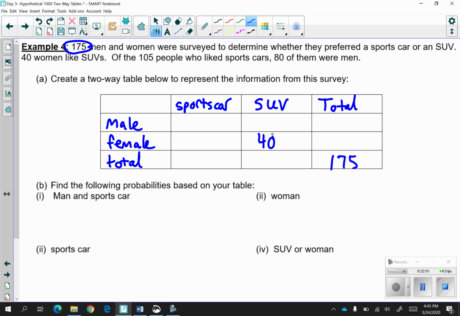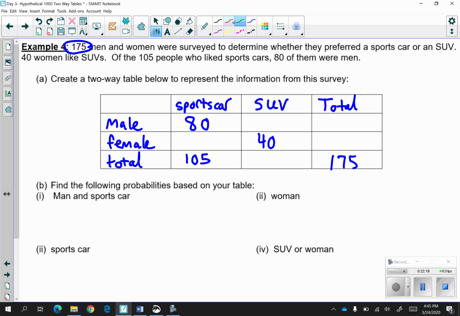And from there, of the 105 people who liked sports cars, so 105 people total for sports cars, 80 of them were men. And then you have to fill out the rest of the table.